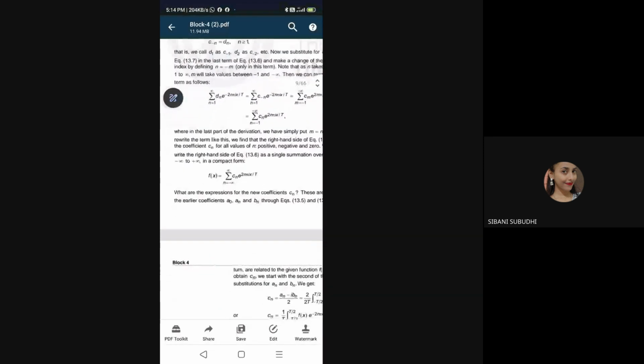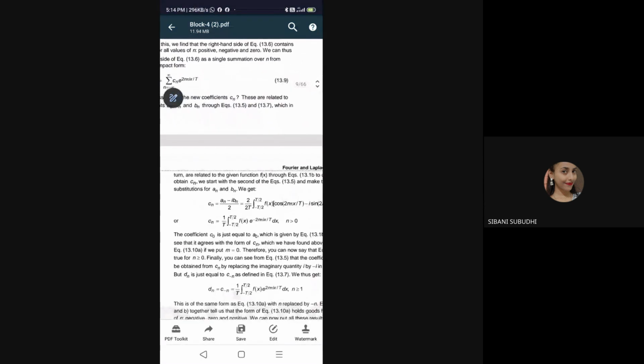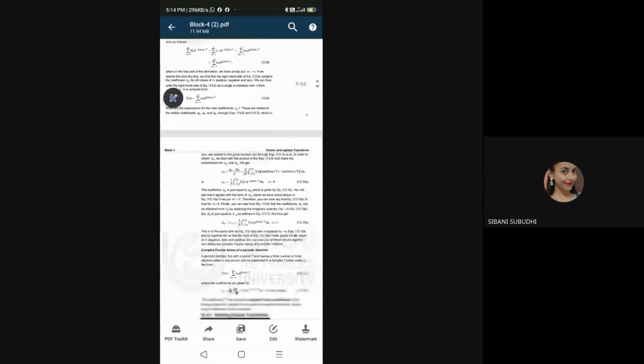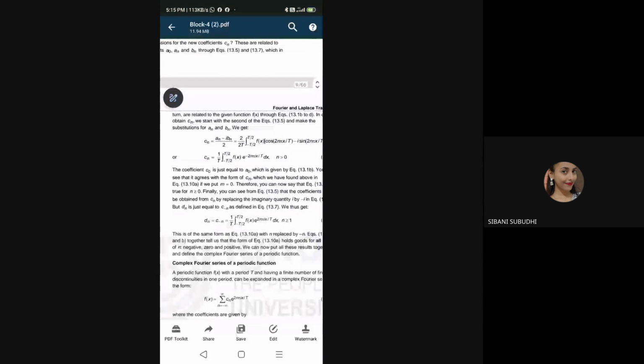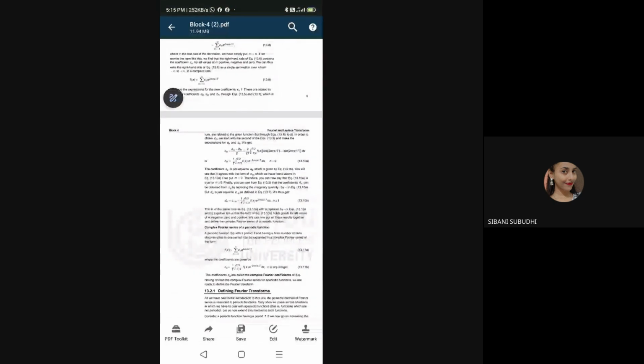So the general form of f(x) can be written as summation n equals minus infinity to infinity Cn e^(2nπix/T). And your Dn can be written as C subscript minus n, 1 by T integration from minus T/2 to T/2 f(x) e^(2nπix/T) dx, where n is greater than or equal to 1.